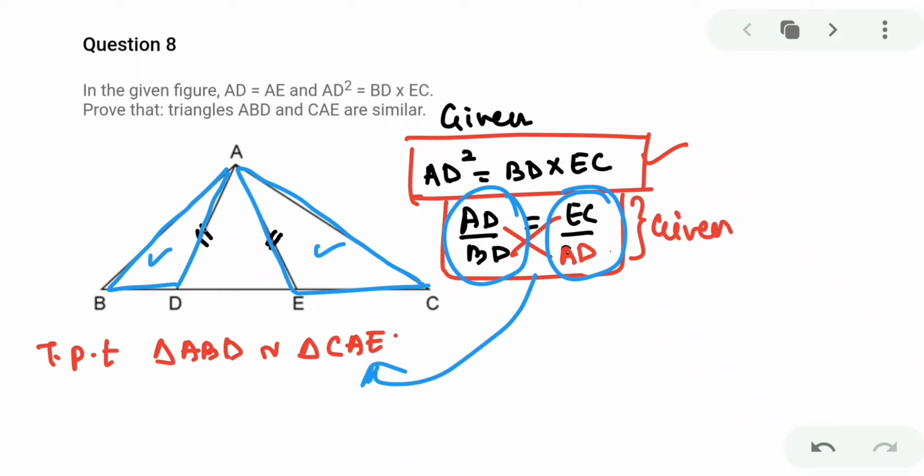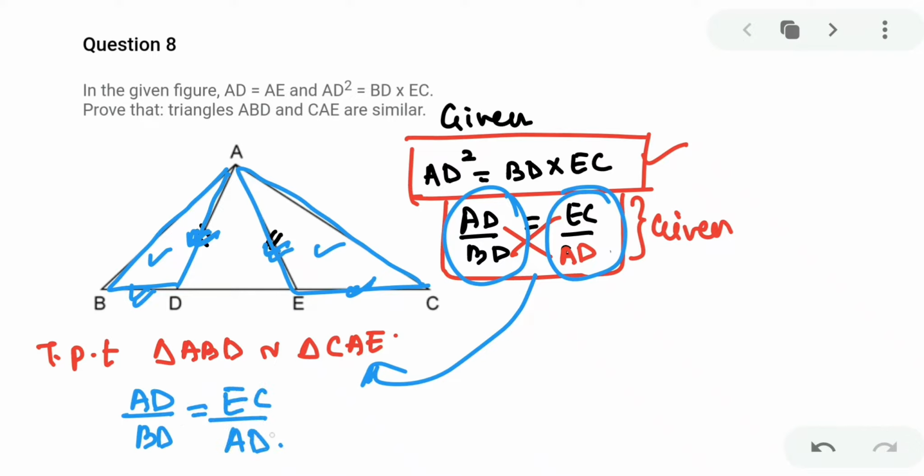Okay, so can we use AD upon BD? That AD upon BD is equal to EC upon AD. And AD is equal to AE. So आपके पास दिया हुआ है AD upon BD is equal to EC upon AD. Correct?